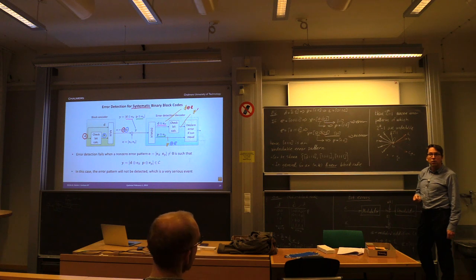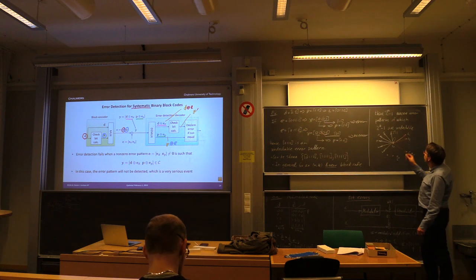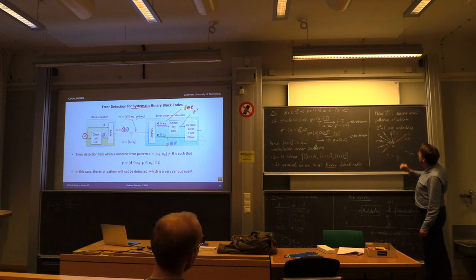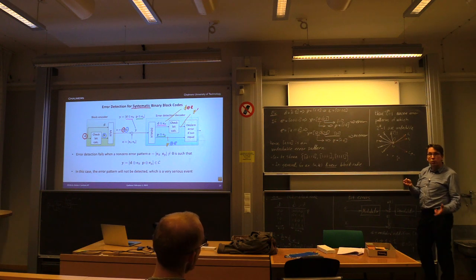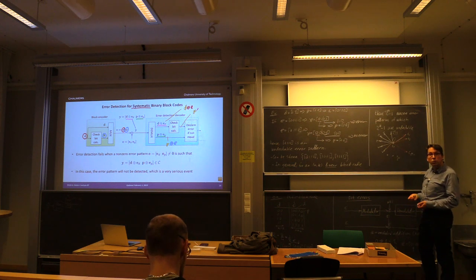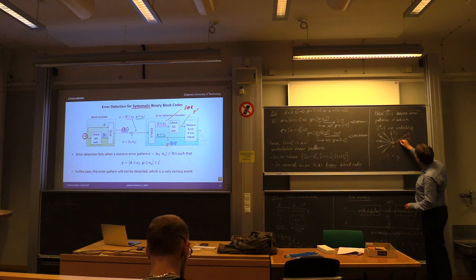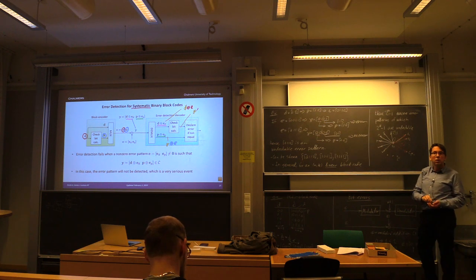Right? So we have 2 to the power of n minus 1 possible non-zero error patterns. Out of those, the red ones are the problematic ones because they go to another code word. And these are 2 to the power of k minus 1 in total.